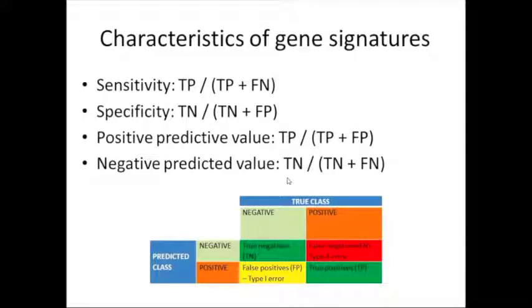Clearly, these simple characteristics can be used in case of binary classification. In case of two-class classification. If we have more classes, somewhat more complicated characteristics of gene signatures, class-related or related to the whole gene signature, should be used. So the standard usage of characteristics like sensitivity, specificity, and positive and negative predictive values, in most cases, is associated with binary classification.